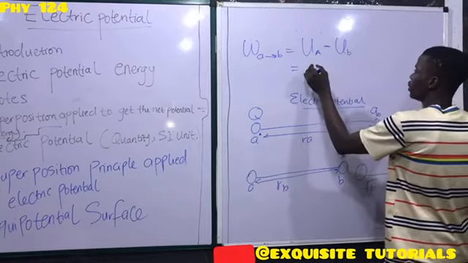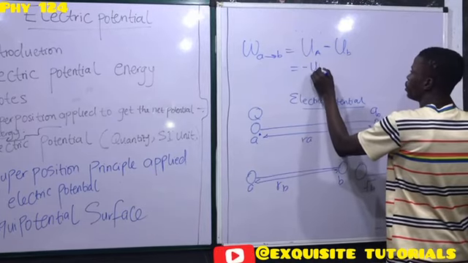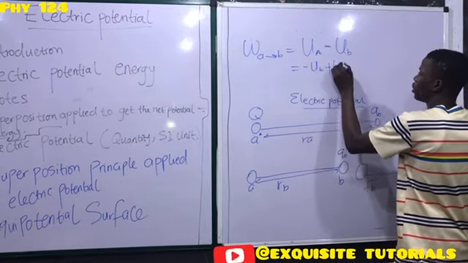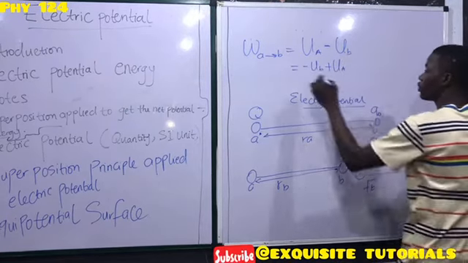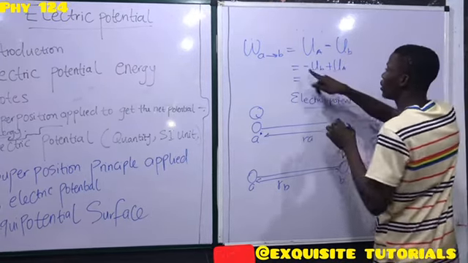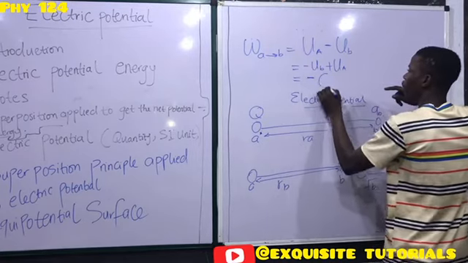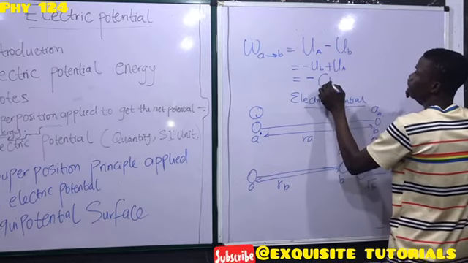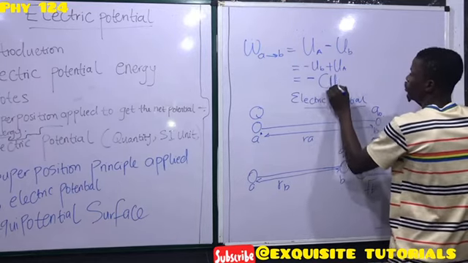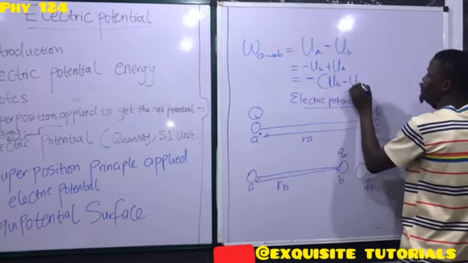I can also interchange it by writing it this way. It's just the same thing. Then from there, if I bring out a minus sign, I'll be having U of B minus U of A.